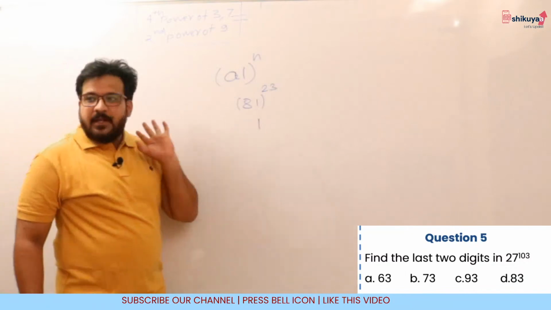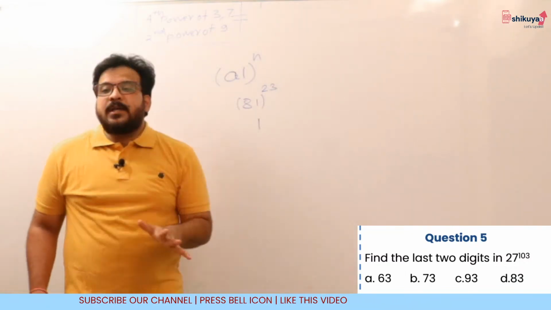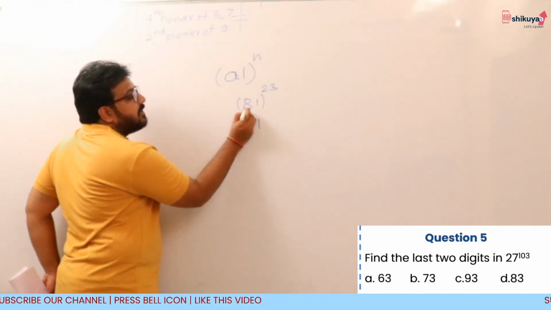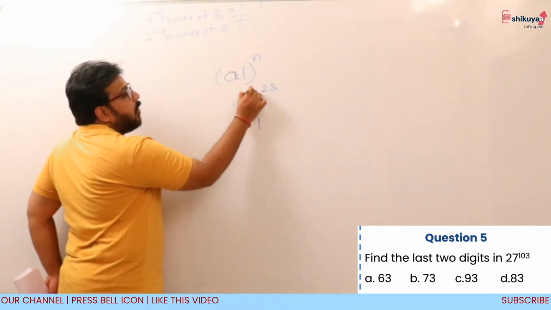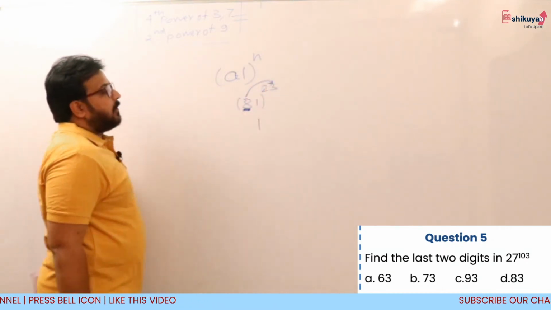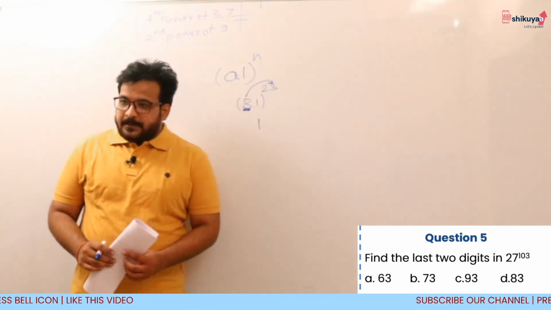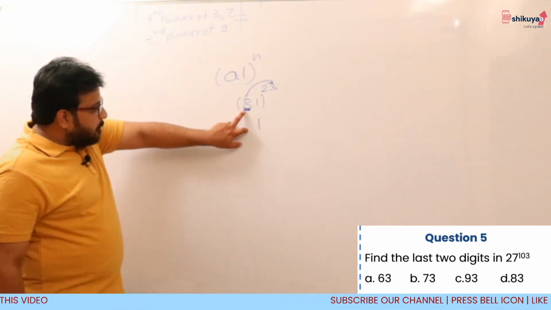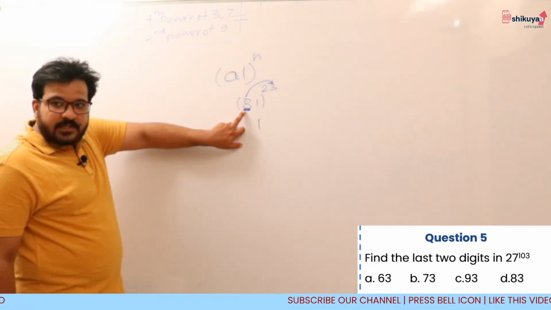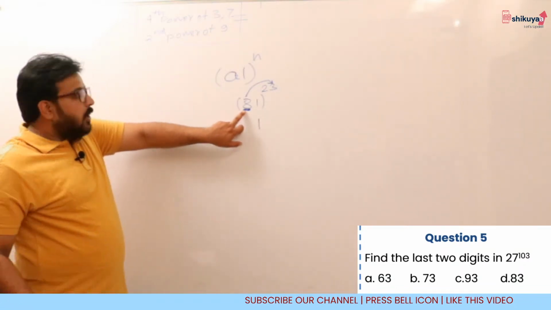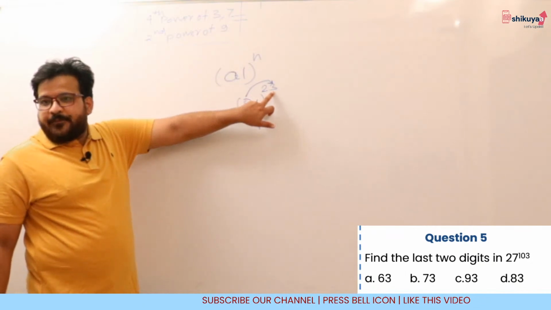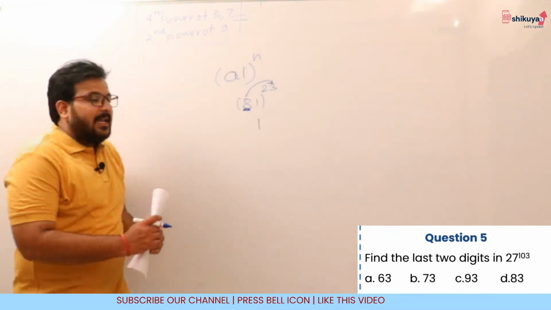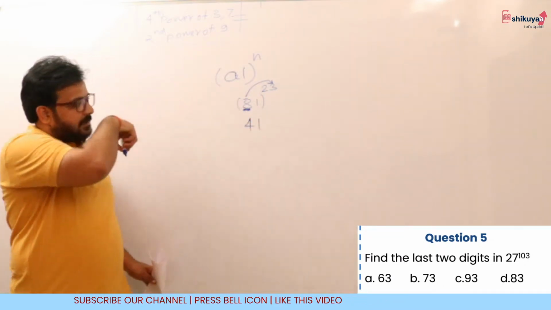Now you have to multiply the tens place value in the base with the unit digit value of the power. Let me repeat again. So 8 3s are 24, and that 4 will be your answer.